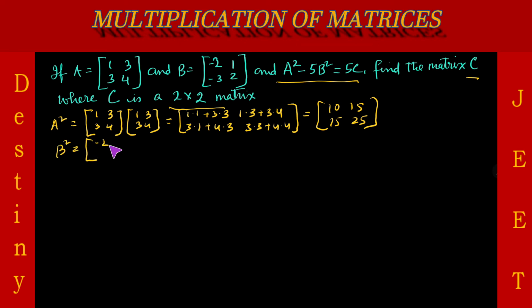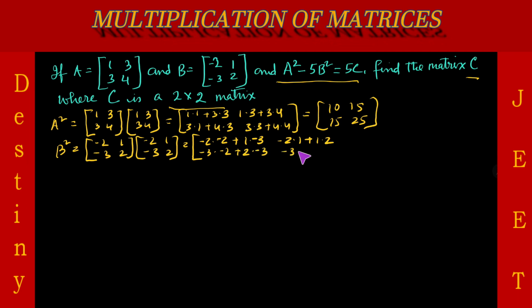Similarly, we find out B square. What do we get? Minus 2, minus 3, 1, 2, times minus 2, minus 3, 1, 2 is equal to minus 2 into minus 2 plus 1 into minus 3, minus 2 into 1 plus 1 into 2, minus 3 into minus 2 plus 2 into minus 3, minus 3 into 1 plus 2 into 2, and we get 1, 0, 0, 1.